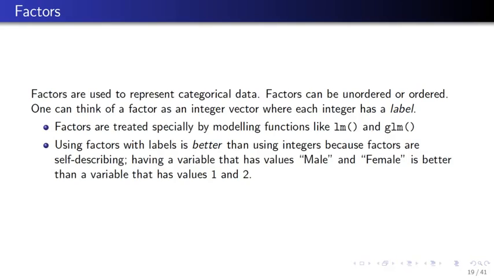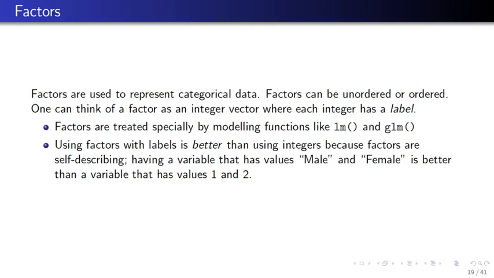And factors with labels, generally speaking, are better than using simple integer vectors because factors are what are called self-describing. Having a variable that has values male and female is more descriptive than having a variable that just has ones and twos.